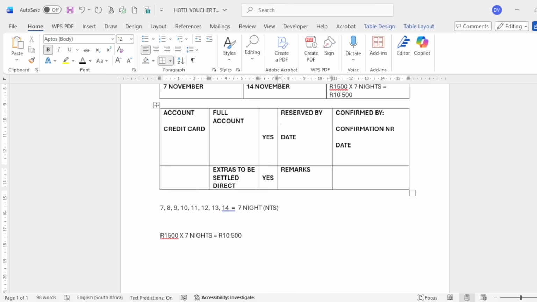So my name is Dorita. I'm going to write my name here because I did the booking for him. I reserved the booking for Mr. Carney. Okay. The date. Now, sometimes they give you the date in the question. They will say, you reserved the booking for Mr. Carney on the 30th of November, or whatever the case might be.